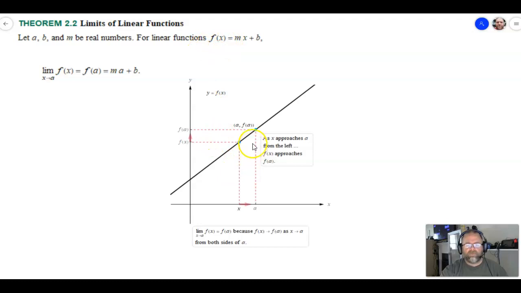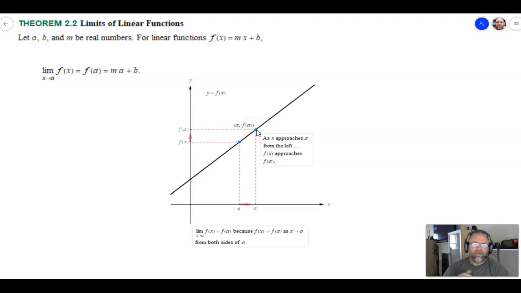So if I took a point a here and I was coming from both the left and the right, notice that on all linear functions we're going to be approaching some y value. We call that f of a, and f of a should also be defined at that point. Why?